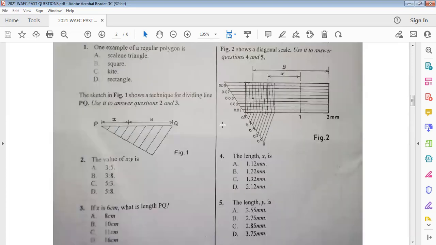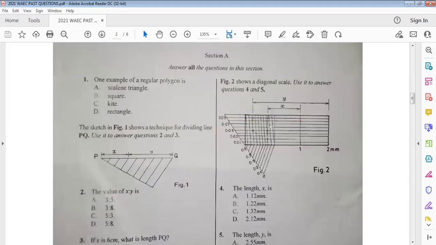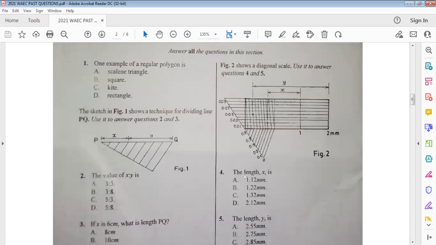Now, question 4. We have to use this diagram to answer question 4, as we have here that figure 2 shows a diagonal scale used to answer questions 4 and 5. Question 4 says, what is length x?